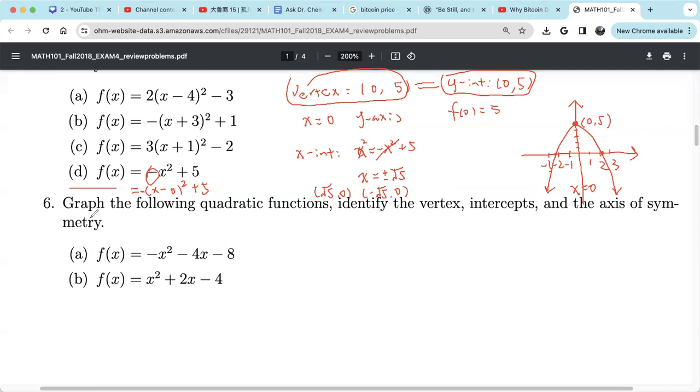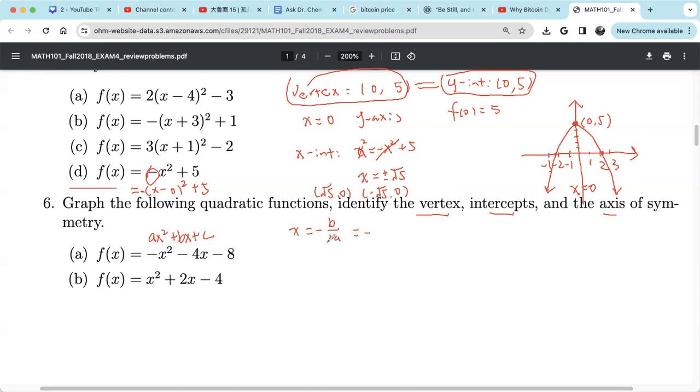Now let's see 6. We also want to identify the vertex, intercepts, and the line of symmetry. And then we have standard form here. Remember, this is ax squared plus bx plus c. In this case, the line of symmetry is x equals -b over 2a.